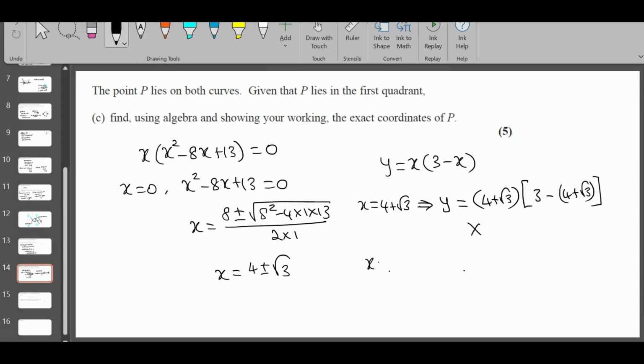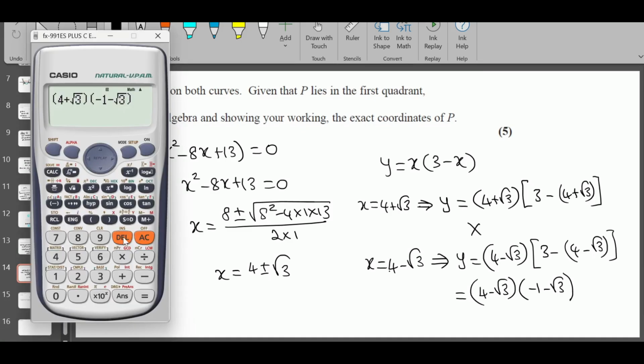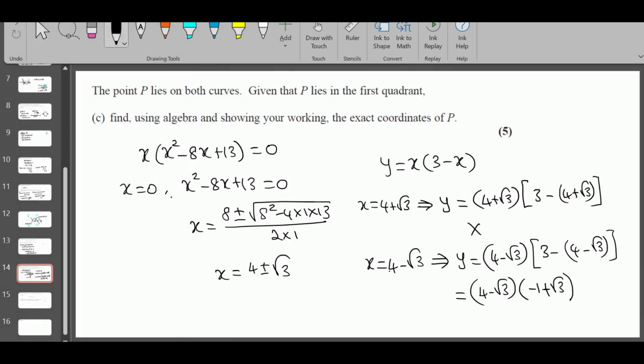So when you put 4 minus root 3, you need to get a positive x coordinate and y coordinate. Y is 4 minus root 3 times (3 minus 4 minus root 3), which is 4 minus root 3 times (minus 1 plus root 3), sorry.